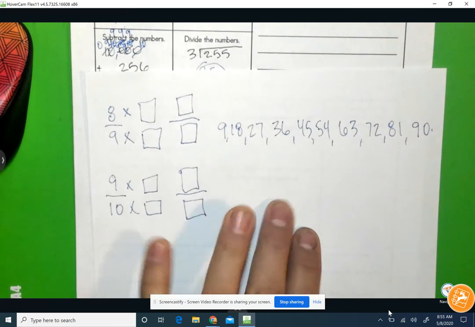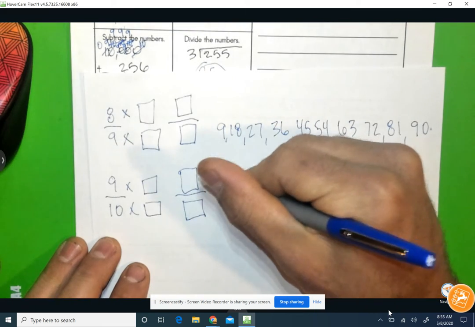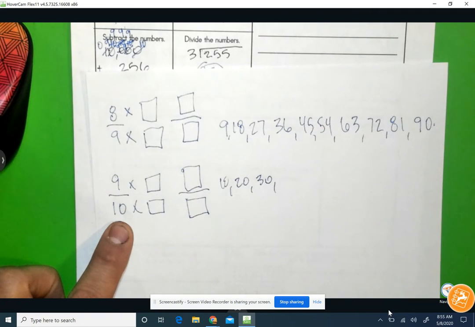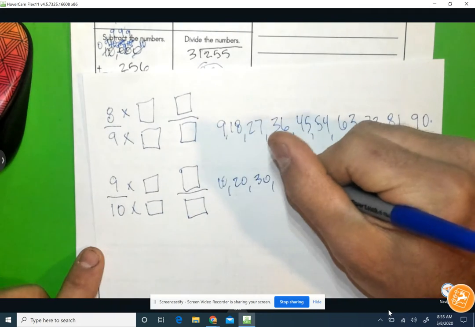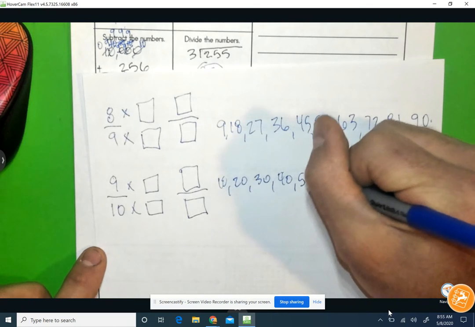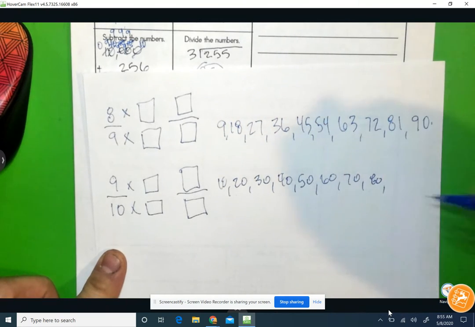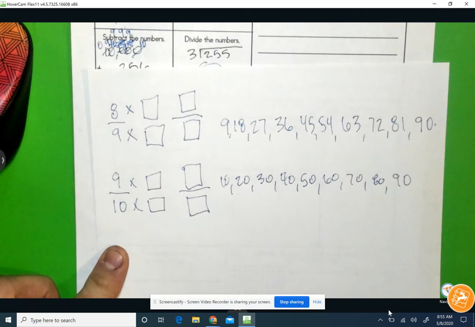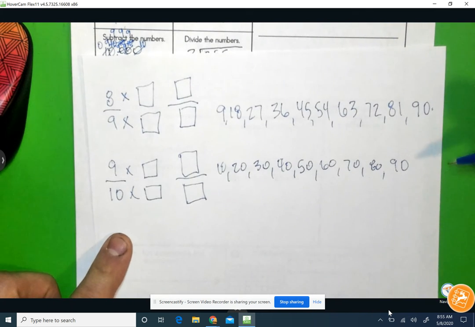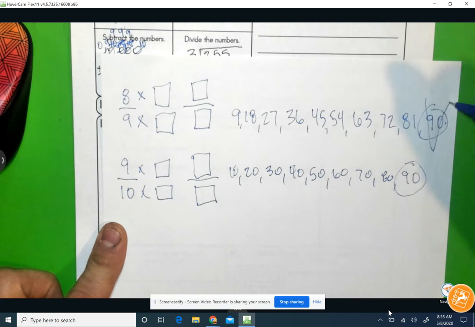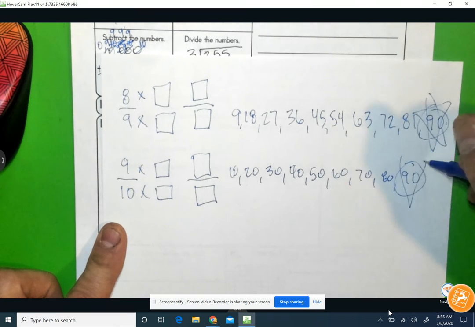There it is. Then we have 10, 20, 30. All the multiples of 10 are going to have a 0 in the ones place: 40, 50, 60, 70, 80, and there is 90. The least common multiple of 9 and 10 is 90, and I should be putting a star around that.